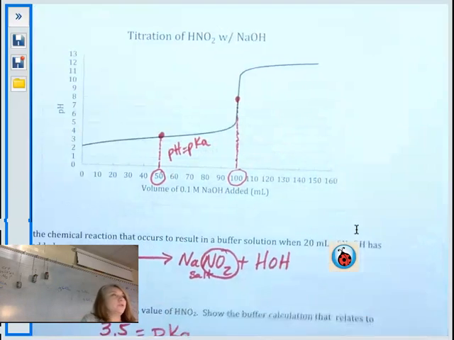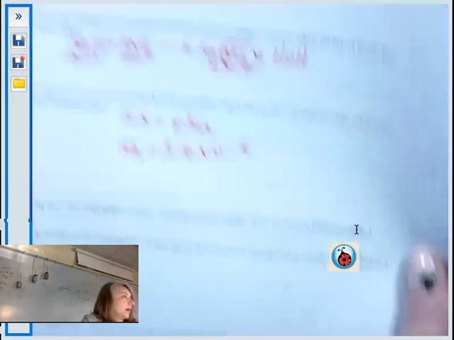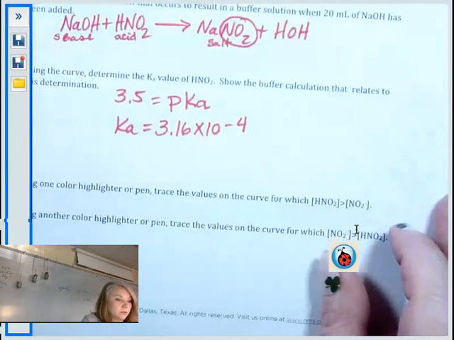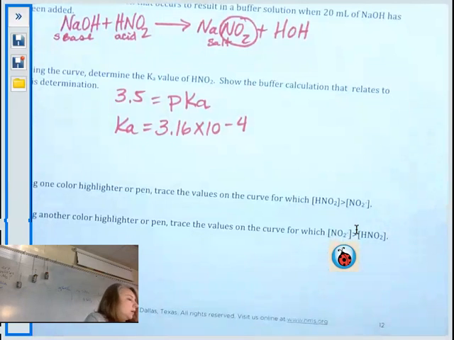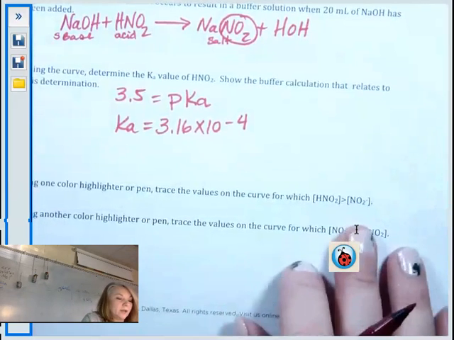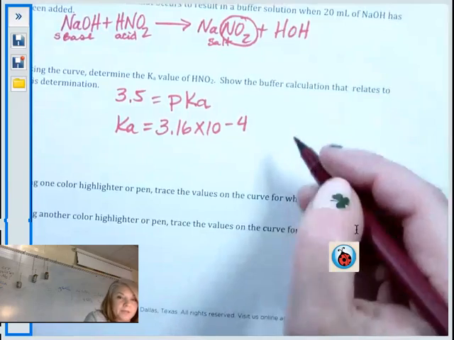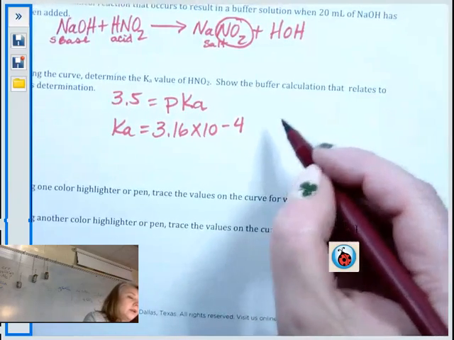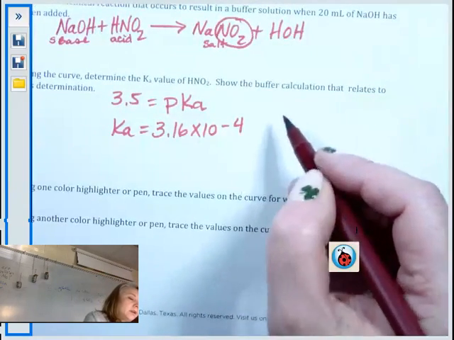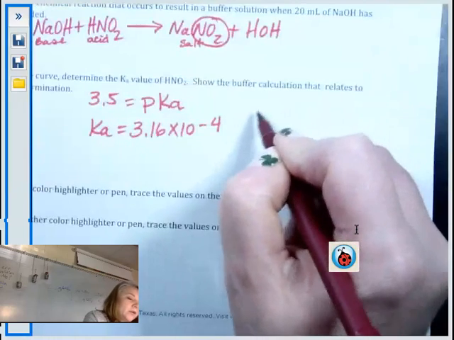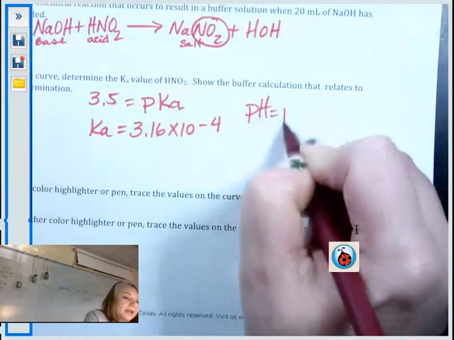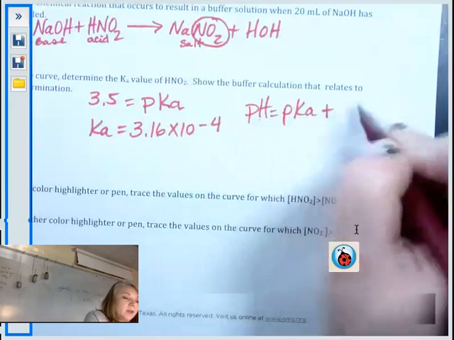So now that we know those two special places on our graph, because it says show the buffer calculation that relates to this determination, if you use your Henderson-Hasselbalch equation, pH equals pKa plus the log of what?